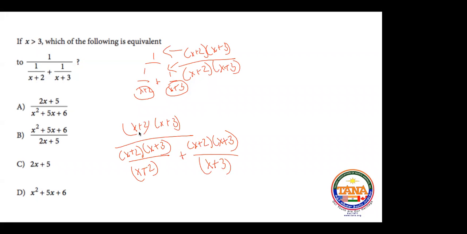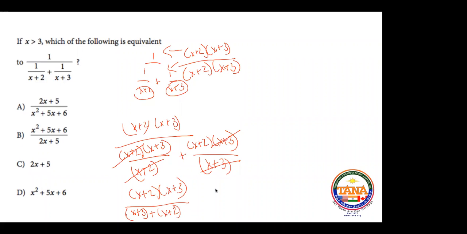And because you can cancel out, this gets canceled out with this, and this gets canceled out with this, then you end up with x plus 2 times x plus 3 over x plus 3 plus x plus 2.